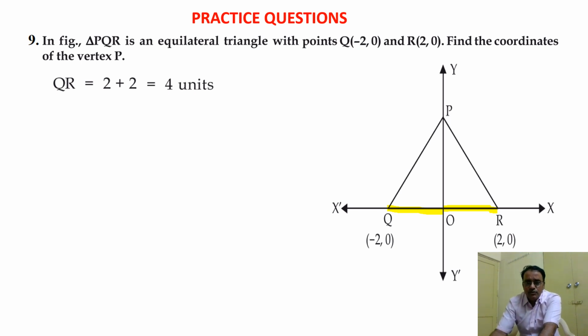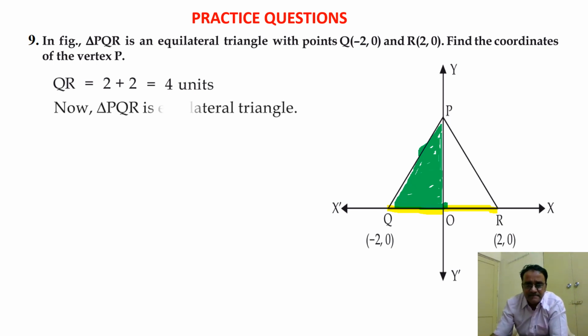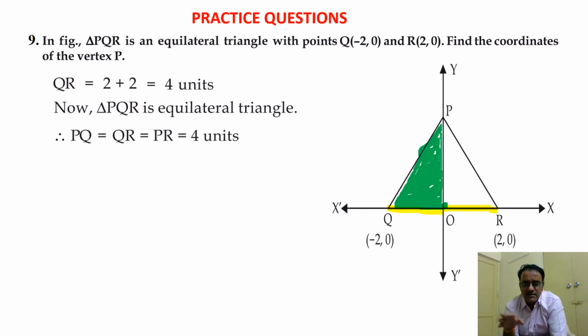Now we are going to take this triangle, and we are going to apply the Pythagoras theorem. ये वाला जो triangle है जिसको मैं अभी green से shade कर रहा हूँ, this triangle we are going to apply Pythagoras theorem. So first of all, triangle PQR is an equilateral triangle, so all sides are equal to 4 units.